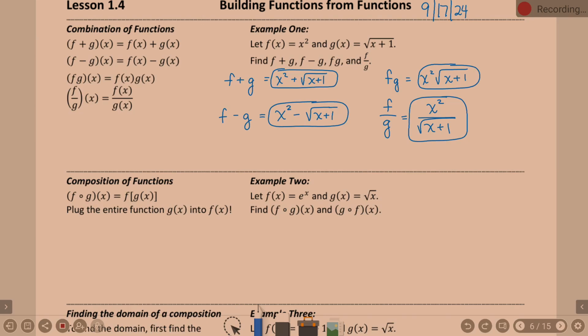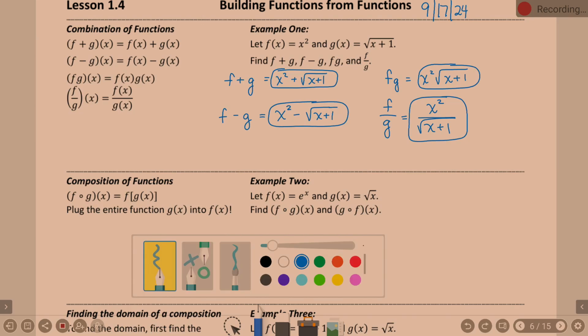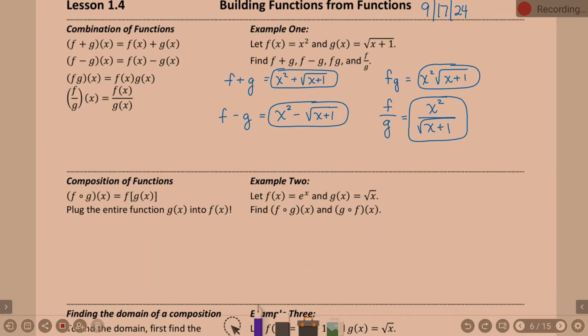Moving on to composition. Composition of functions is fog, gof, when you're composing two functions. First of all, it has that little open circle. It's not a multiplication circle, it's a little open circle.